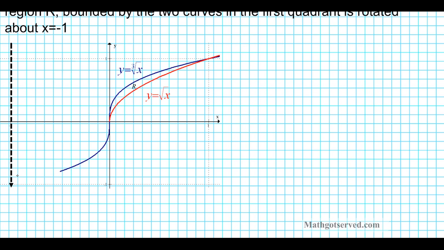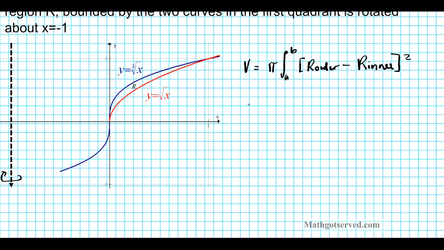Now, in order for us to set up our problem, we're going to write down the formula for finding the volume resulting by revolving this region between these two curves around the x-axis. Now the formula for volume of a solid of revolution is pi times the integral from a to b of r outer minus r inner square.